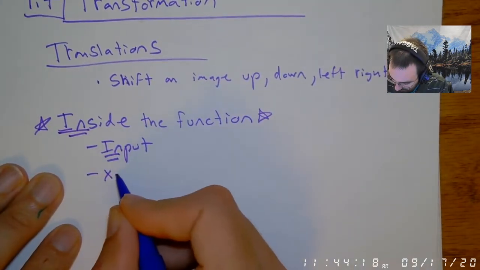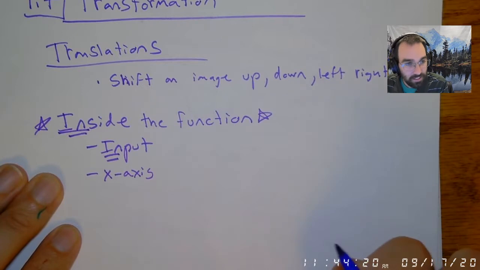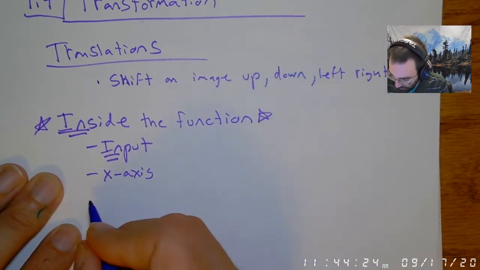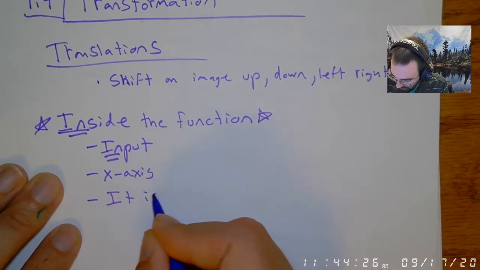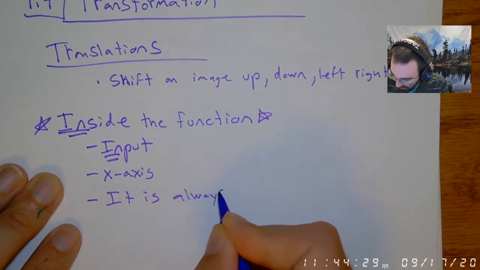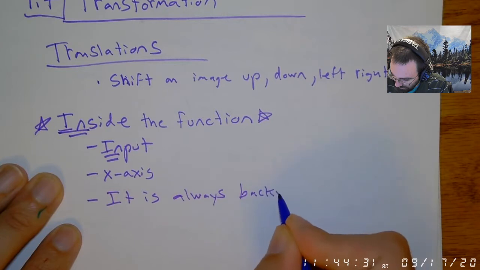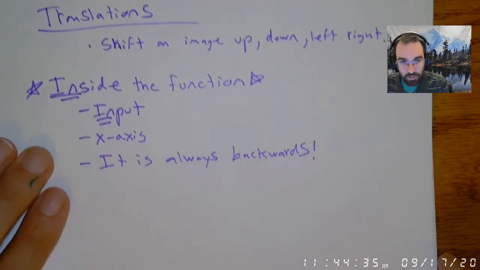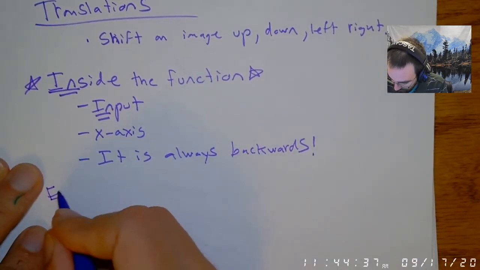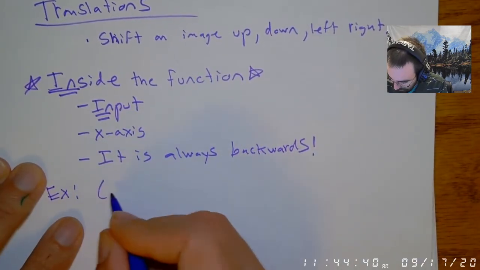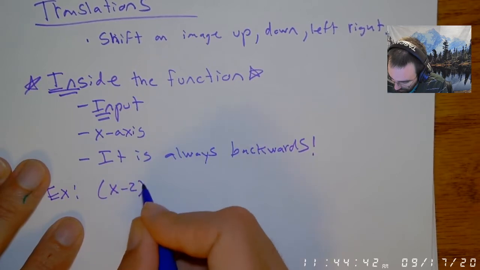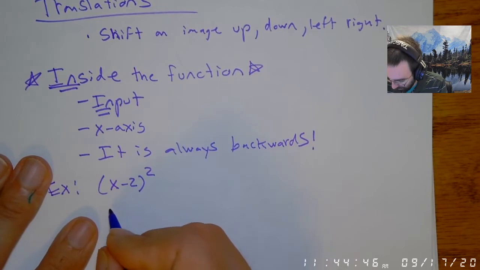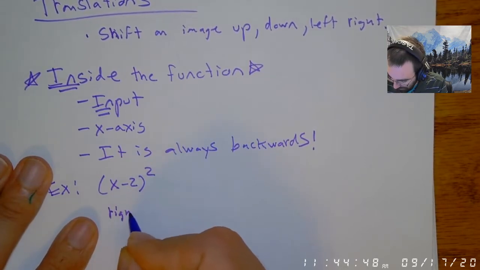It is the x-axis. If it's inside, it's backwards. It's always backwards. So for example, if I have (x minus 2) squared, it says left 2, doesn't it? But it's backwards. So it's right 2.